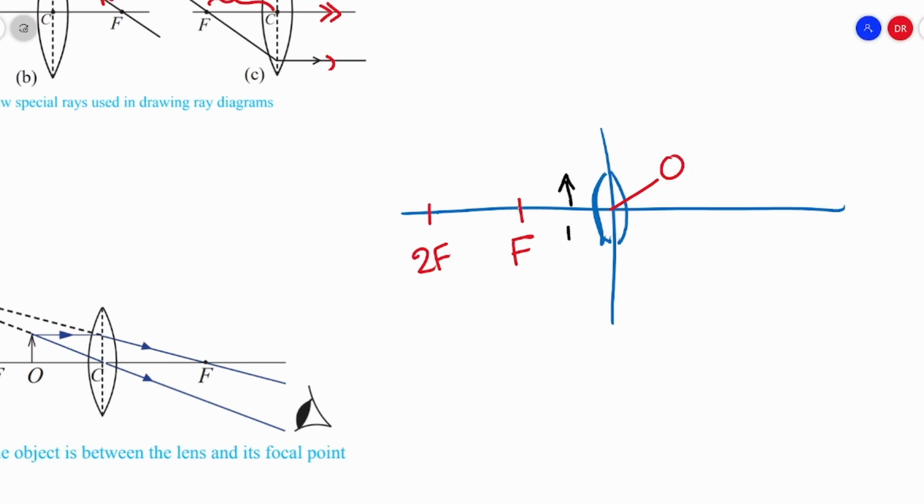Then the second place is normally we can keep our object on the focal point. This is the second point, and in between the focal point and twice the focal length is number 3. The next option is we can keep our object at twice the focal length. Then another one beyond that.